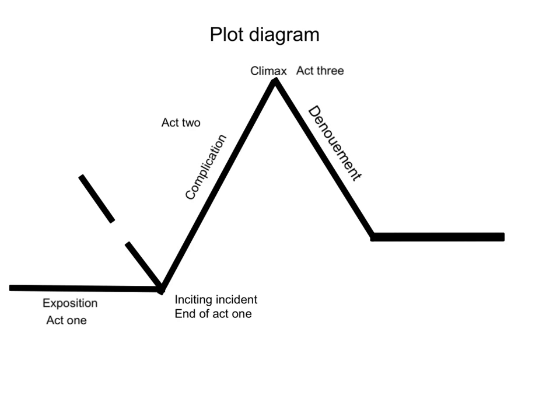And we associate the denouement with Act 4. And finally, at the very end of our story, we get to the resolution. And the resolution, of course, is associated with Act 5. And that's your plot diagram.